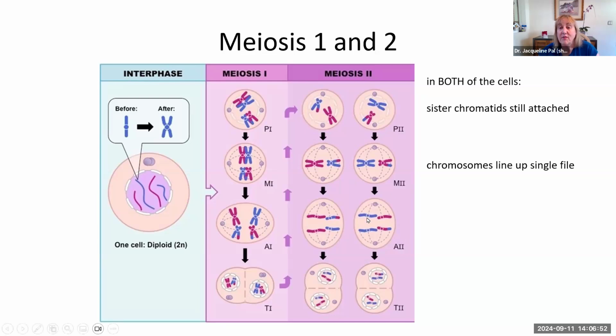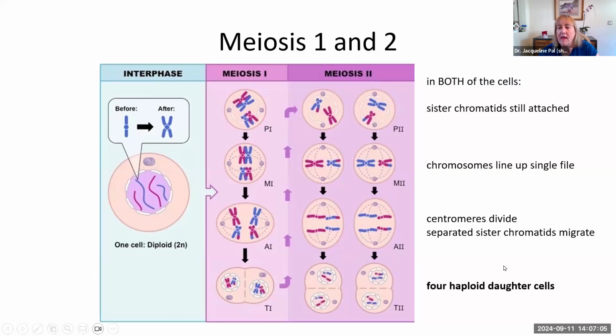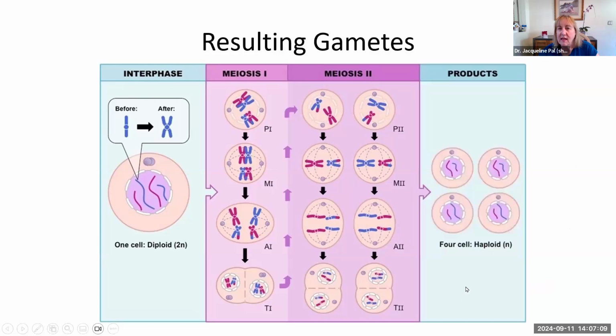And so in anaphase 2, the sister chromatids will separate and will migrate to opposite poles of the cell. And we will end up with 4 haploid daughter cells.